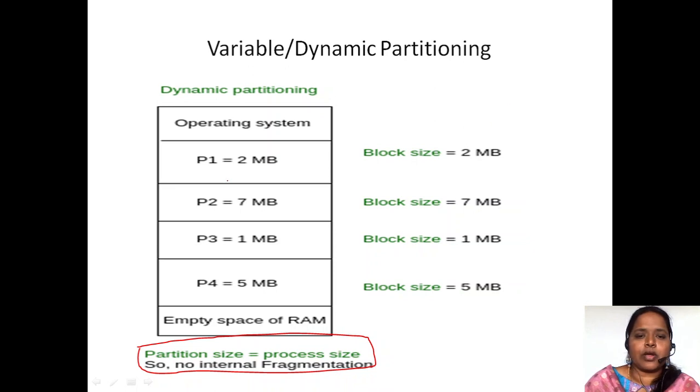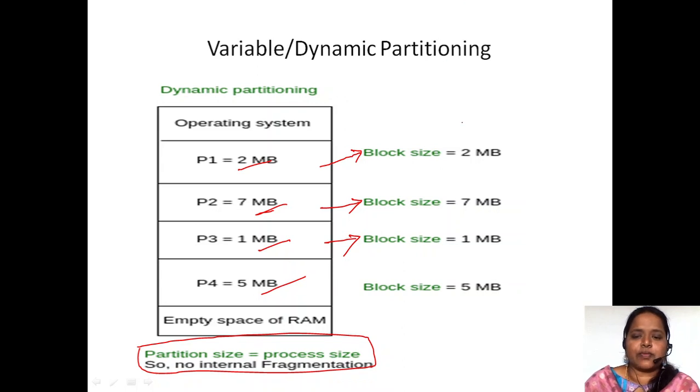Here the process P1 needs 2 MB, so the partition is also 2 MB. Process P2 needs 7 MB, the partition is also 7 MB. P3 needs 1 MB, the partition is also 1 MB. Likewise, the need of the process is equal to the size of the partition.